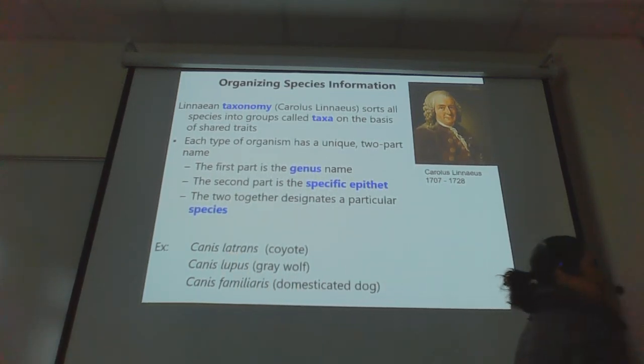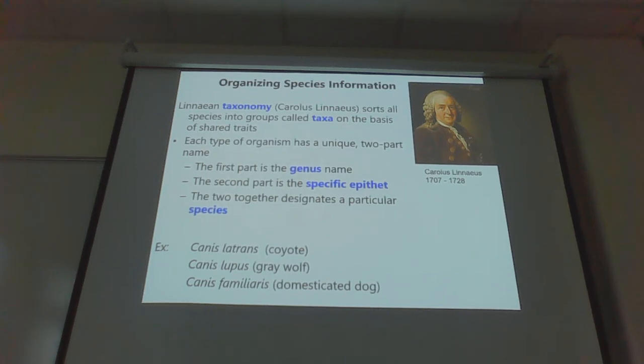Okay, and for instance, let's give some examples. In lay terminology, when we say a coyote, that's not the name of the species. It's a common name. If you want to be scientific, if scientists are talking to one another or are publishing, they never say coyote.